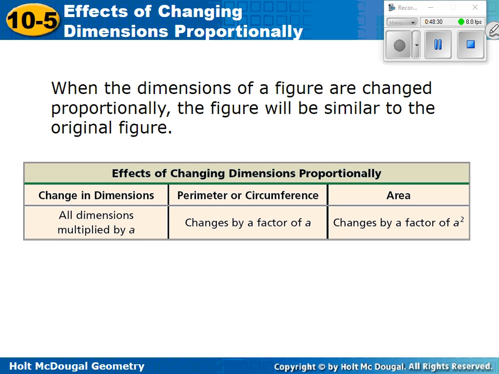If all dimensions, it has to be all dimensions, are multiplied by, and again I'm going to call that number A. All dimensions are multiplied by A. We find out that the perimeter or circumference is multiplied by what?